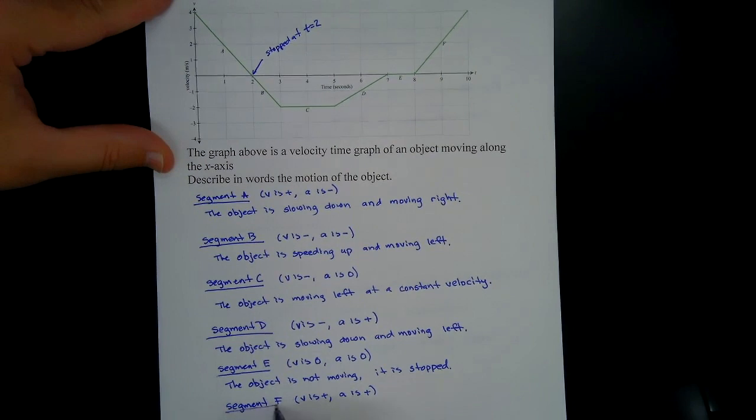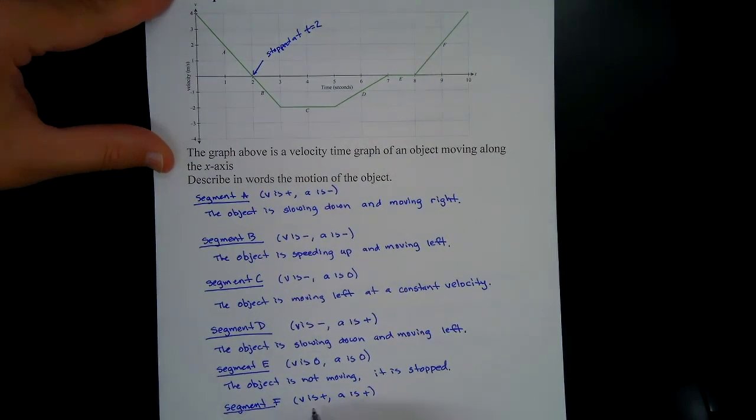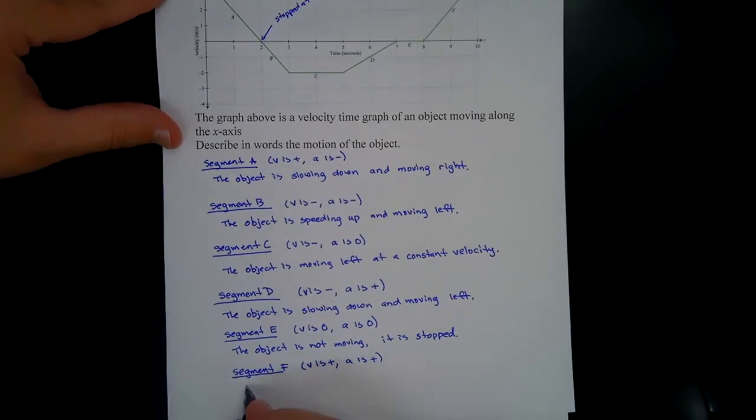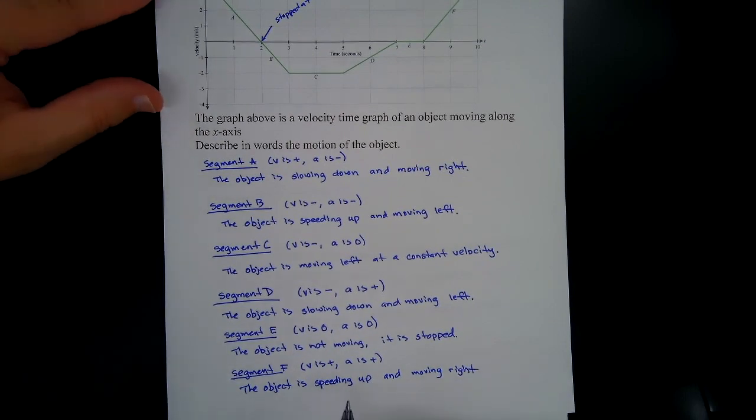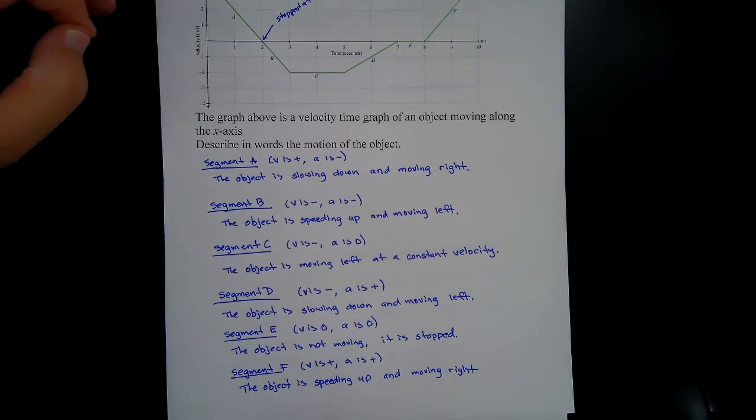And so because the velocity and acceleration are both the same sign, that tells me the object is speeding up. And the direction of movement is it's moving right, because we're moving on the x-axis and the velocity is positive.